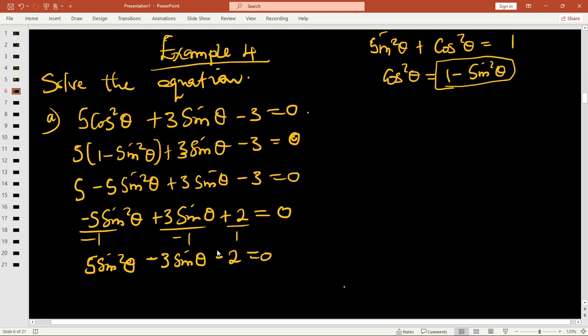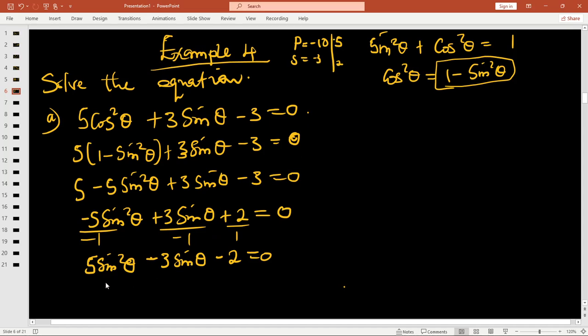Now in this case, we can use the product and sum method to find the values. So if we use the product and sum method, you notice that our product is going to be negative 10 and our sum is negative 3. So two numbers we can multiply to get 10, we have 5 and 2. Then the sum is negative 3, so 5 is going to be negative.